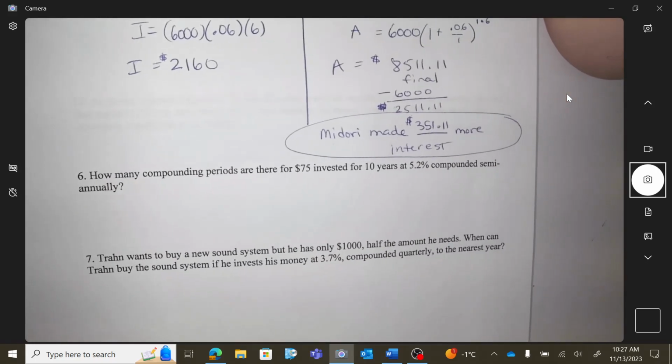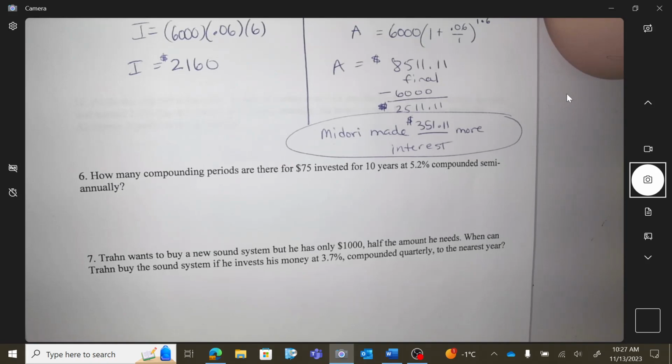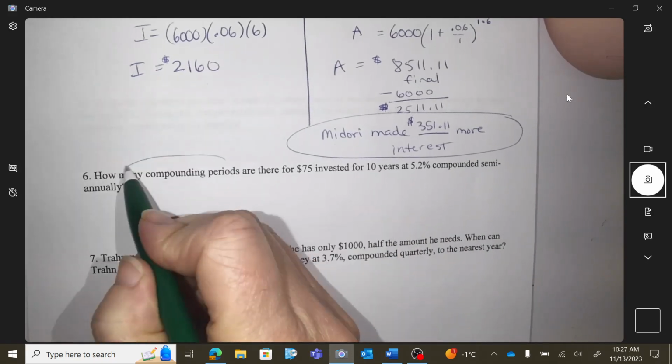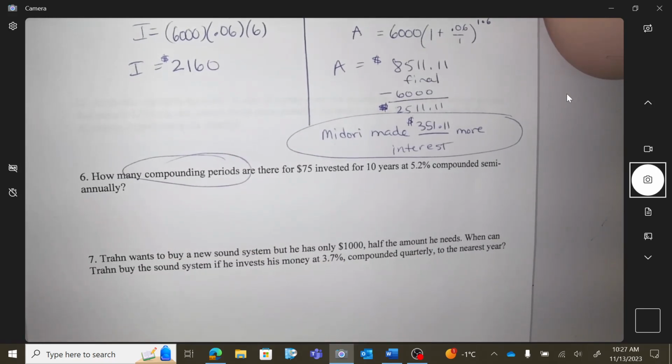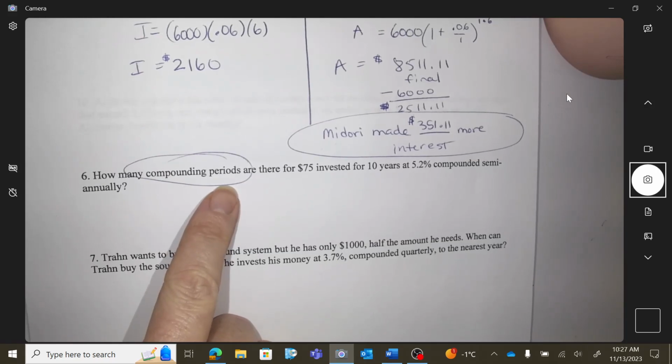Okay, number 6. How many compounding periods are there for, and what strategy would you use? What is it even asking me right now? Just means how many times do you do it?